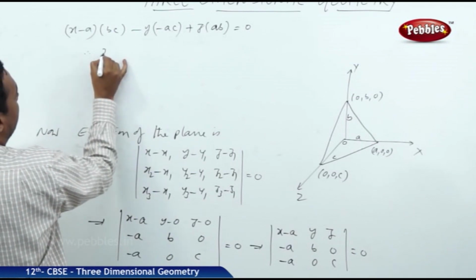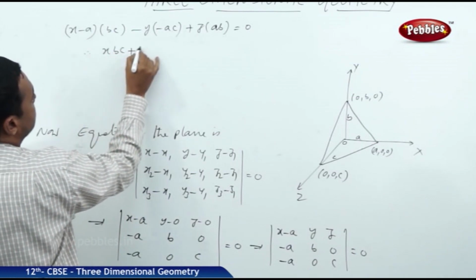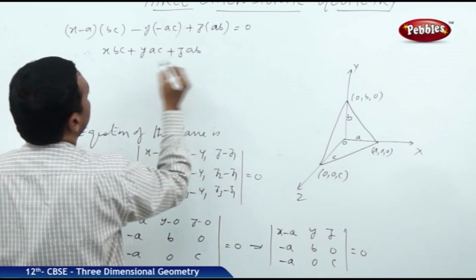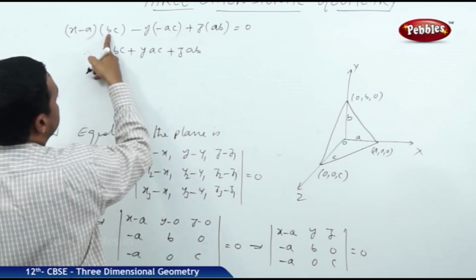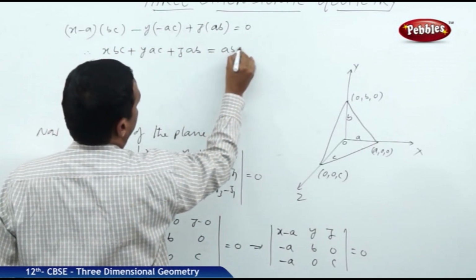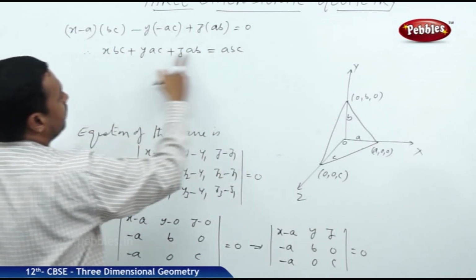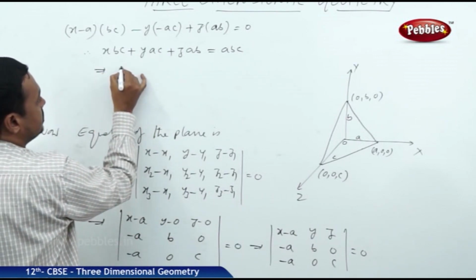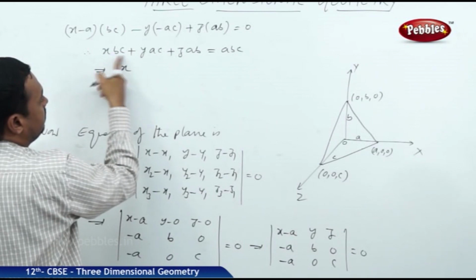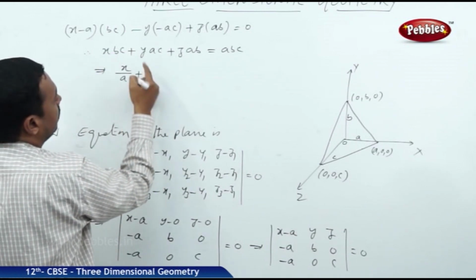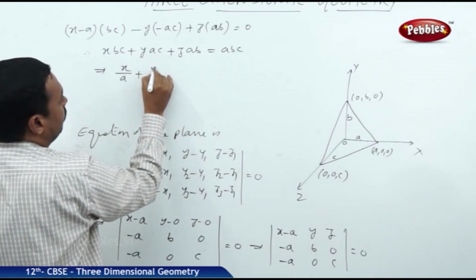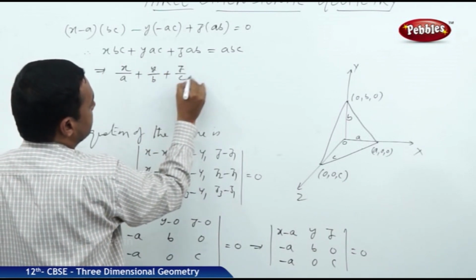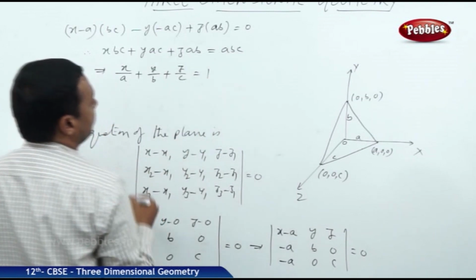Therefore, it is x bc plus y ac plus z ab, minus abc, move to right side, plus abc. Now dividing by abc on both sides, it becomes x bc by abc, that means x by a, y ac by abc, y by b, z ab by abc, z by c is equal to abc by abc, 1.